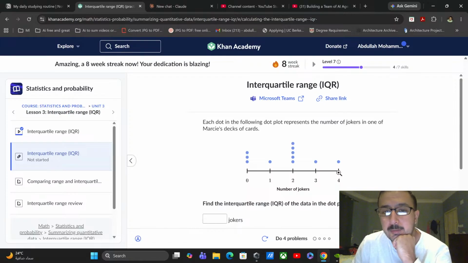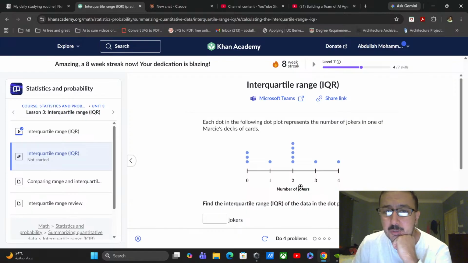Do I have to plot them? So 2 and 3, that's 5, and I got already 5 here, that's 10. No. Well, the median is 2.